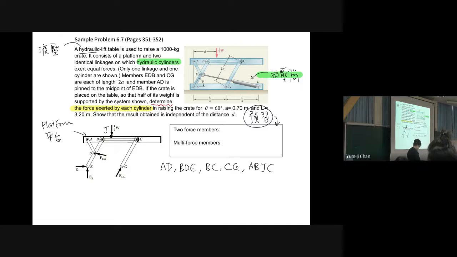And actually we have CH extra. So which of them are two force members?